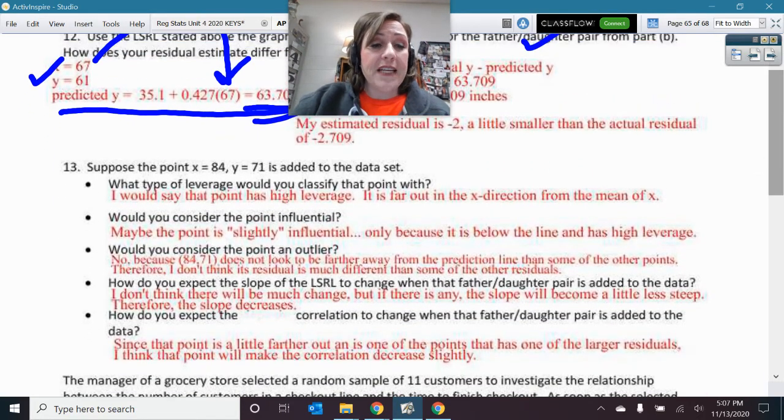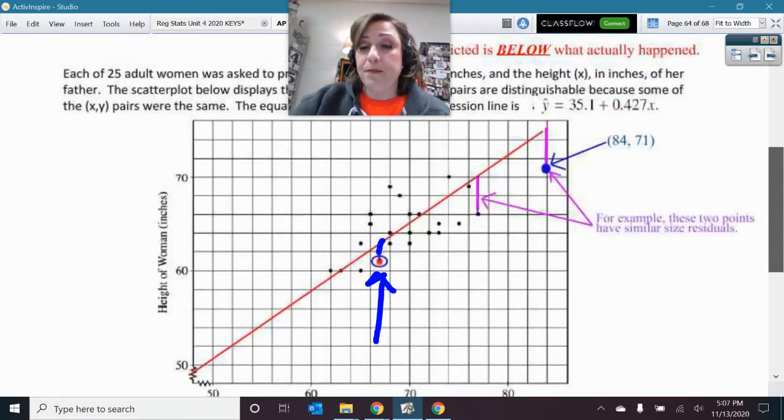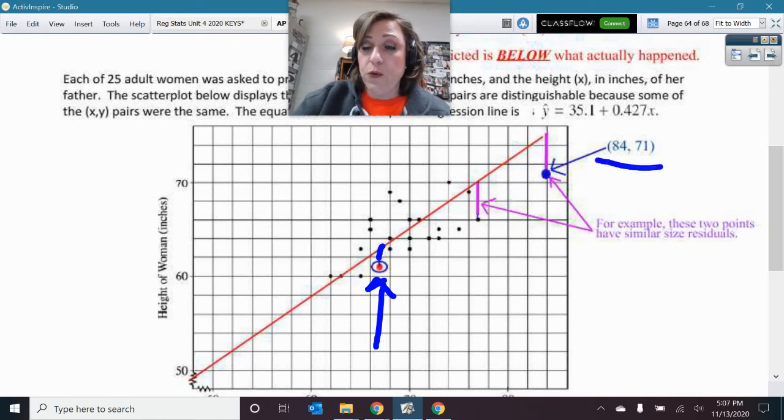All right, what if 8471 was added to the set? So let's take a look at that. That's this one right here. 8471 is that point right there. So the interesting thing is that I don't really think that I would necessarily classify this as an outlier. I know it's going to ask me that.